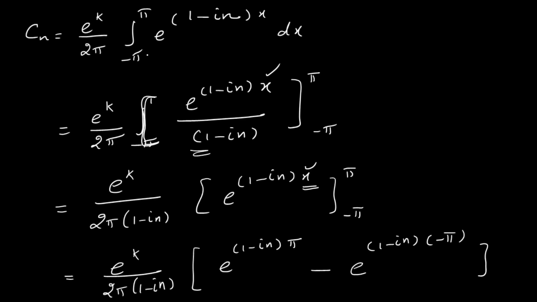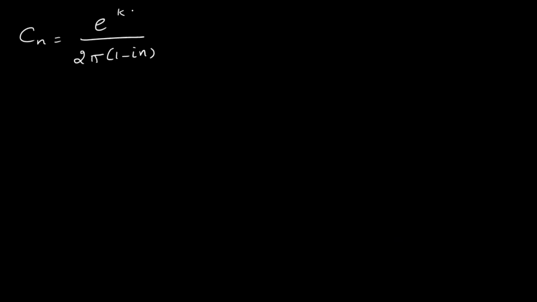So here write the first term as it is. In the second term you just take this minus to the front. That is what I am going to do in the next step. So then the product you have e power (1 minus in) pi minus e power minus (1 minus in) pi.